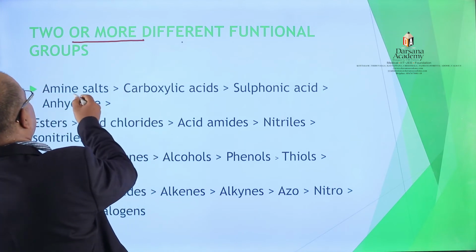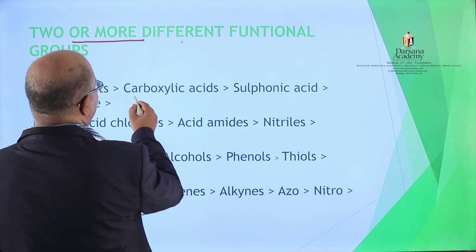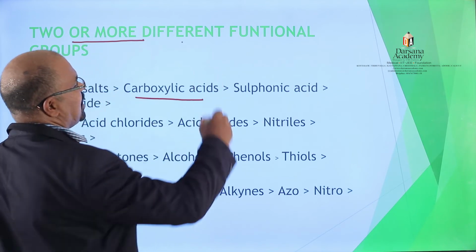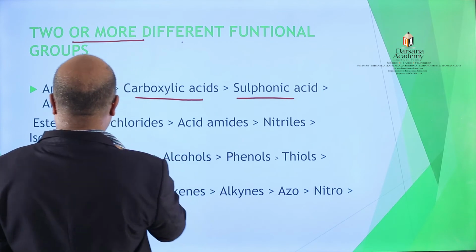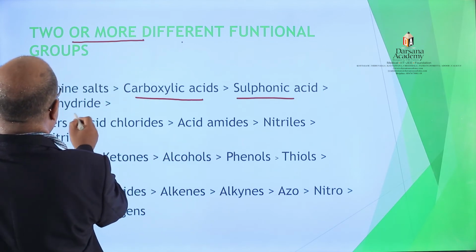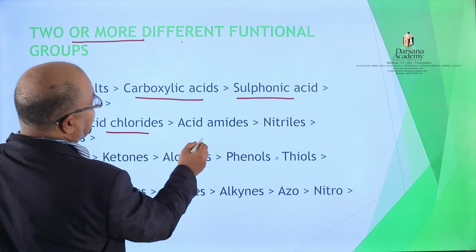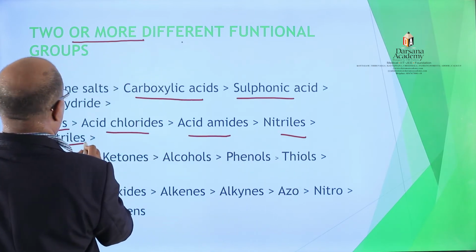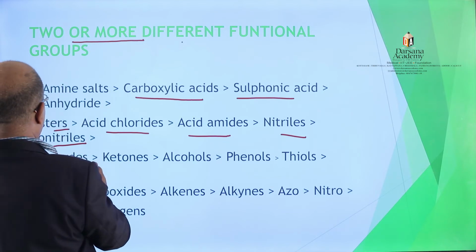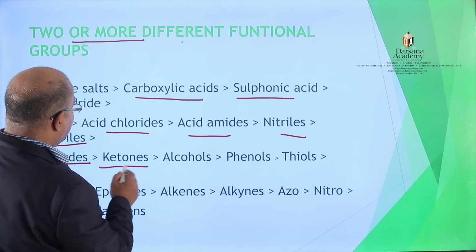If an amine salt is coming, we give first priority to the amine salt, then to carboxylic acid, then sulfonic acid, then acid anhydride. After acid anhydride comes ester, then acid chlorides, acid amides, nitrile, then isocyanide or isonitrile, then aldehydes. Then after aldehydes, the priority is given to ketone.